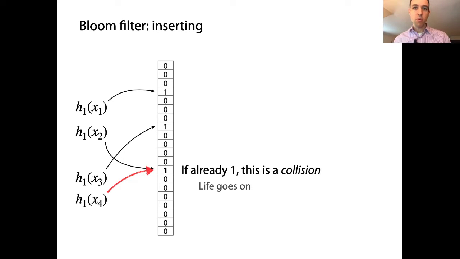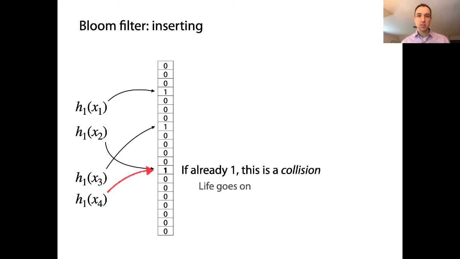Well, like we said before, if the slot is already set to 1, we do nothing. It might be already set to 1 because we've already added this exact item before, x sub 4. Or it might be set to 1 because of a collision, because of a different item that we added previously that just happens to have the same hash value. Either way, we do the same thing, which is nothing.